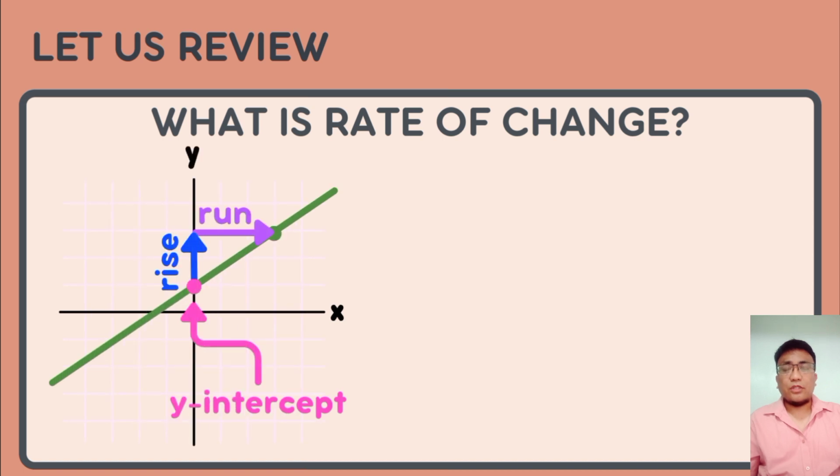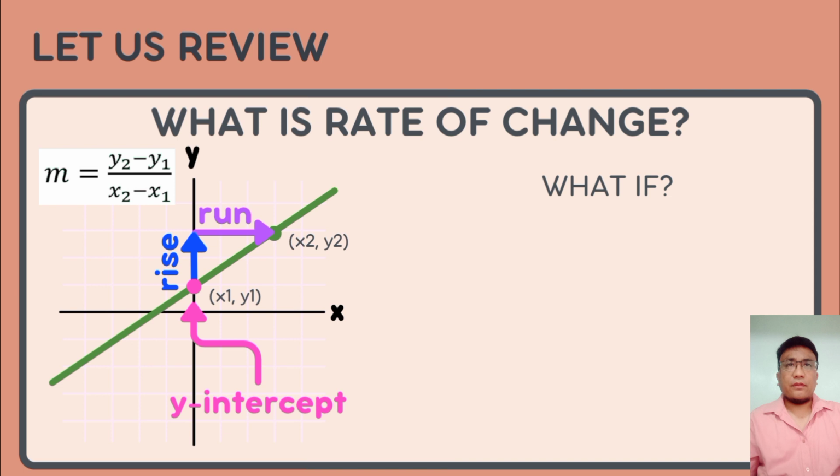In our analytic geometry, we knew that if there is a given point 2 with coordinates of x2 and y2, and point 1 with coordinates x1 and y1, we can simply get the rate of change, which is the slope, by the formula of y2 minus y1 over x2 minus x1.